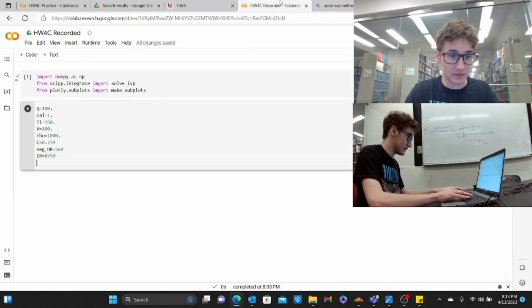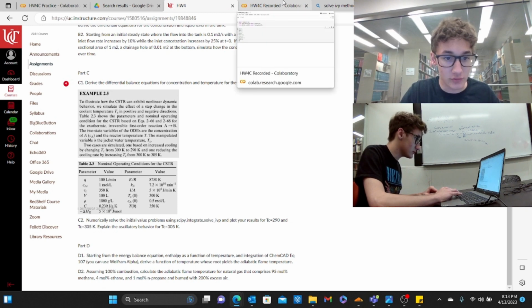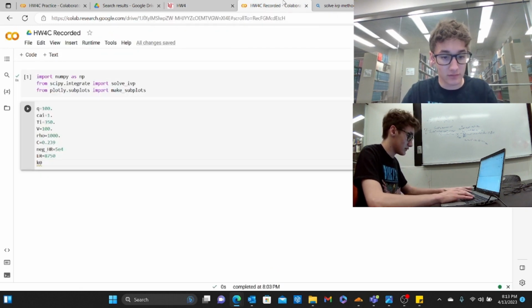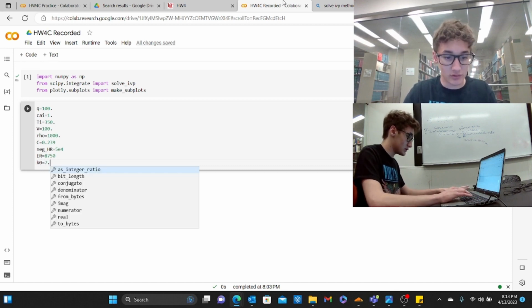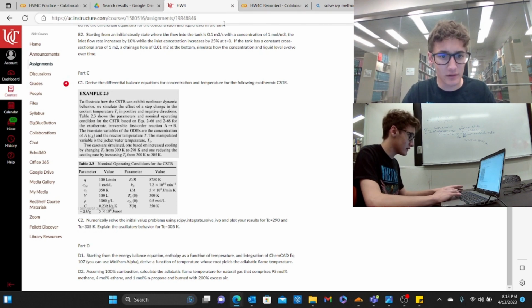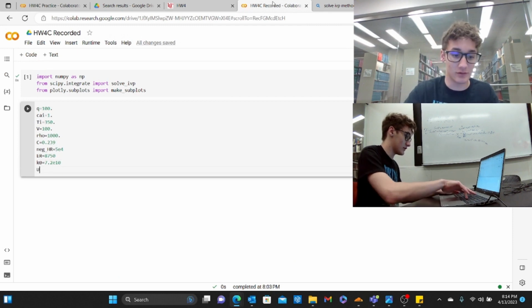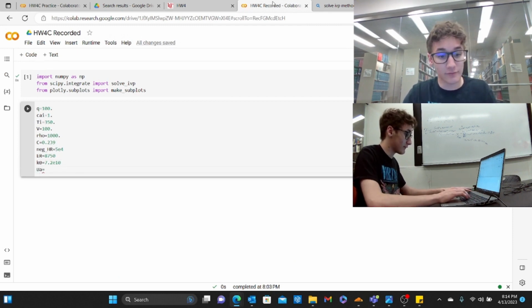K0 equals 7.2e10. And again, that unit is interesting. It's in reciprocal minutes. UA, or the heat transfer coefficient, equals 5e4.